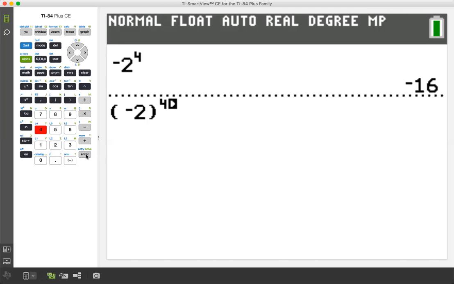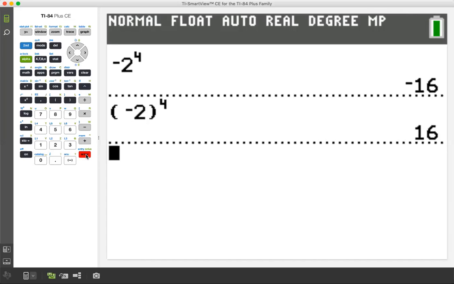And I'm going to hit enter again, and I get a positive 16. So see if you can try that in your calculator. I'm going to go back to my screen and explain why that is happening, so that you can understand what the difference between the two problems is.